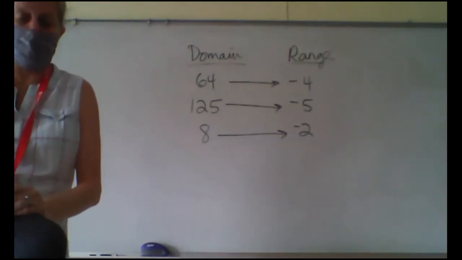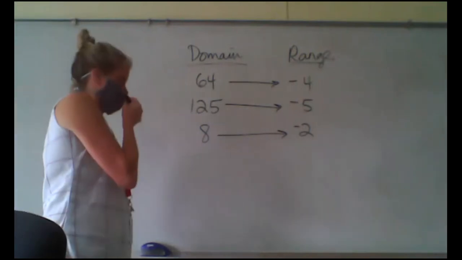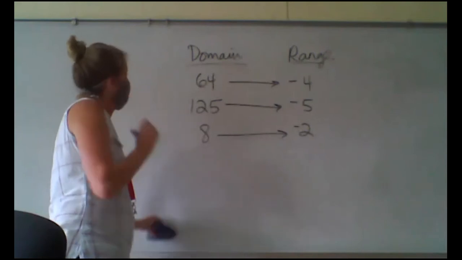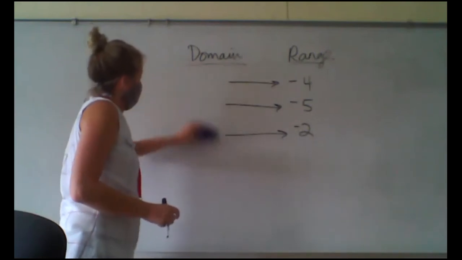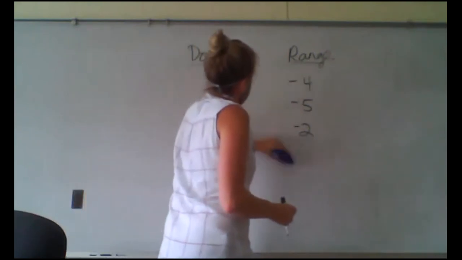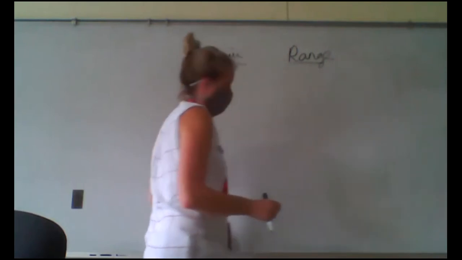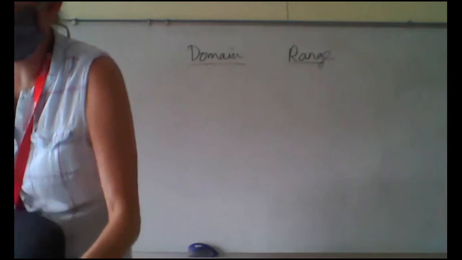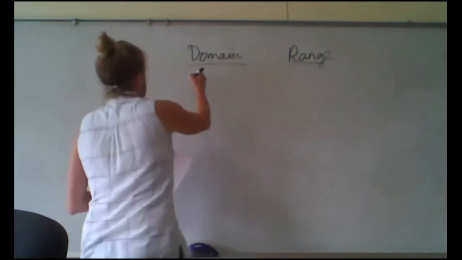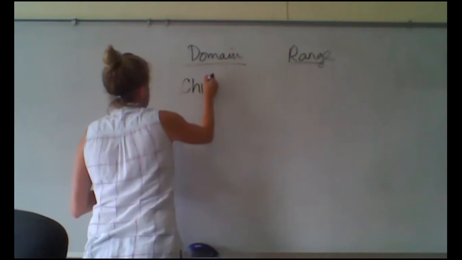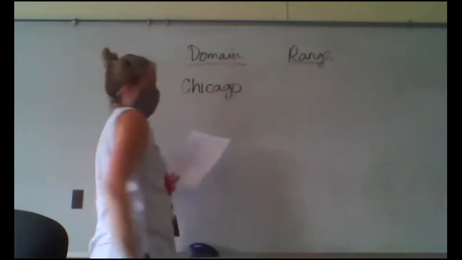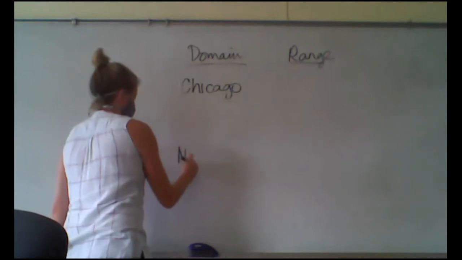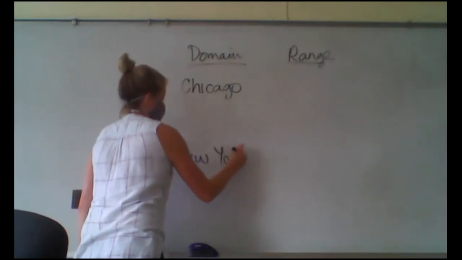All right, once we see number 4, I think you'll see what it looks like when something's not a function. So the domain is going to list 2 cities, Chicago and New York.